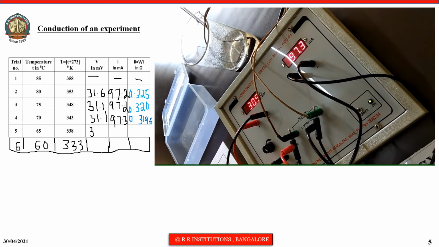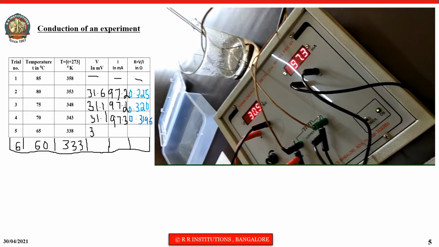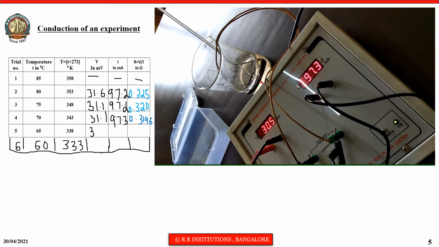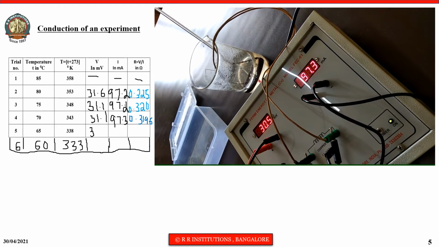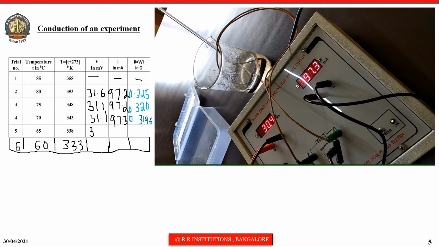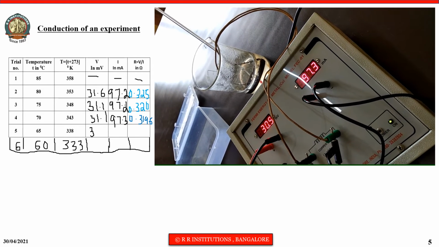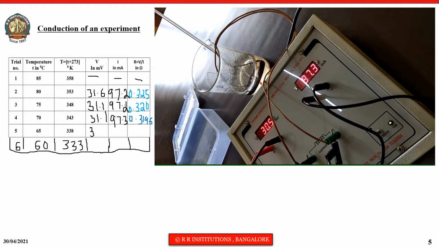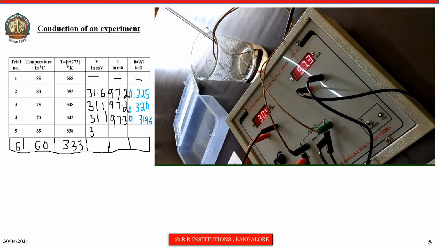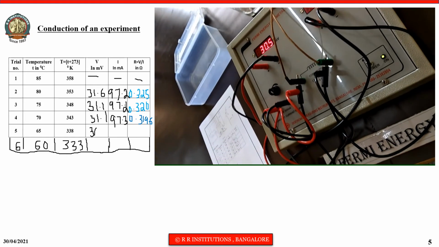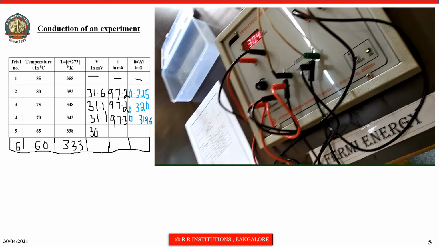So for 65 degree, note down the corresponding voltage and current. It is 30.4 and that is 97.3. Another last reading we have to take when it reaches 60 degrees Celsius.